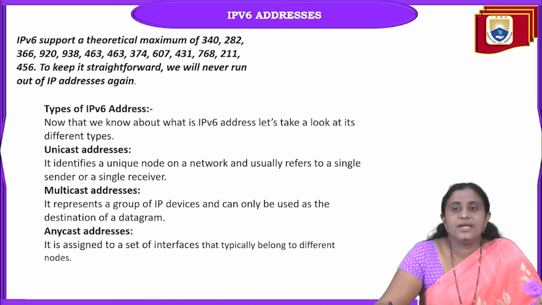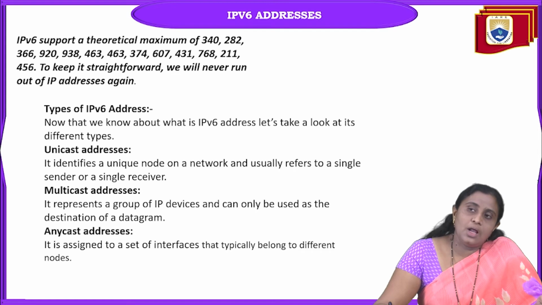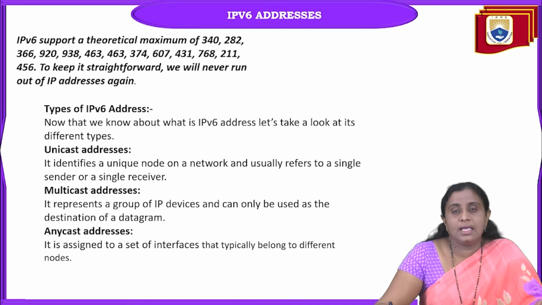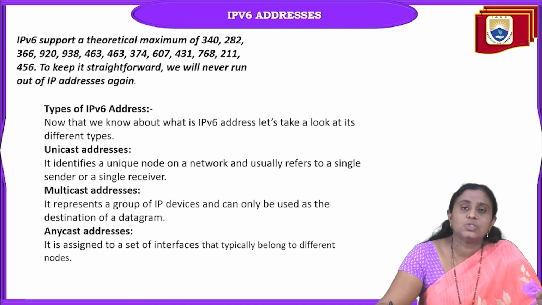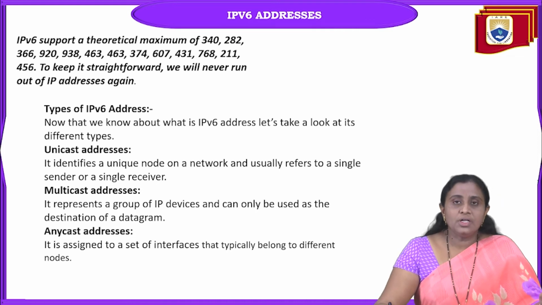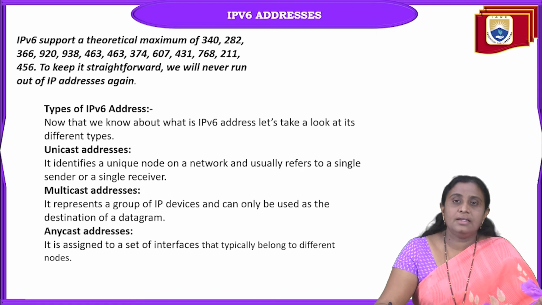So to keep it straightforward, we will never run out of IP addresses again. Here we have to identify that IPv6 is also divided into 3 types of addresses like the IPv4 standard. So what are the 3 types of addresses? Let us see them one by one.